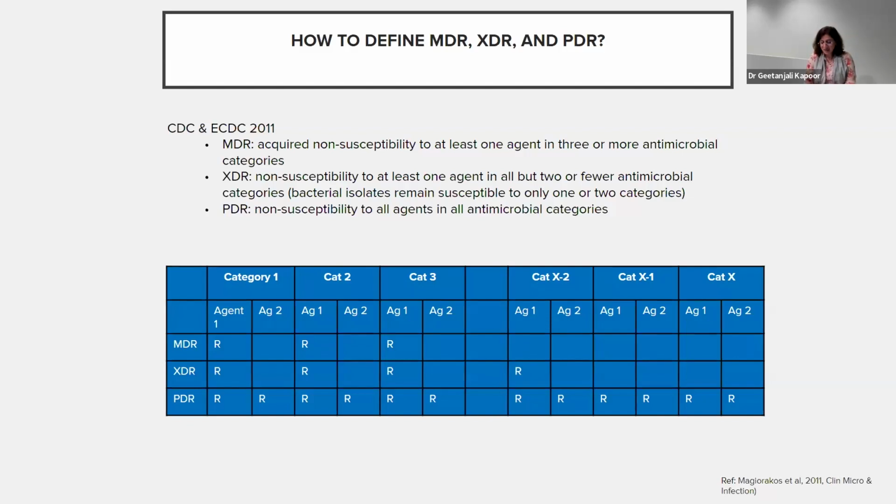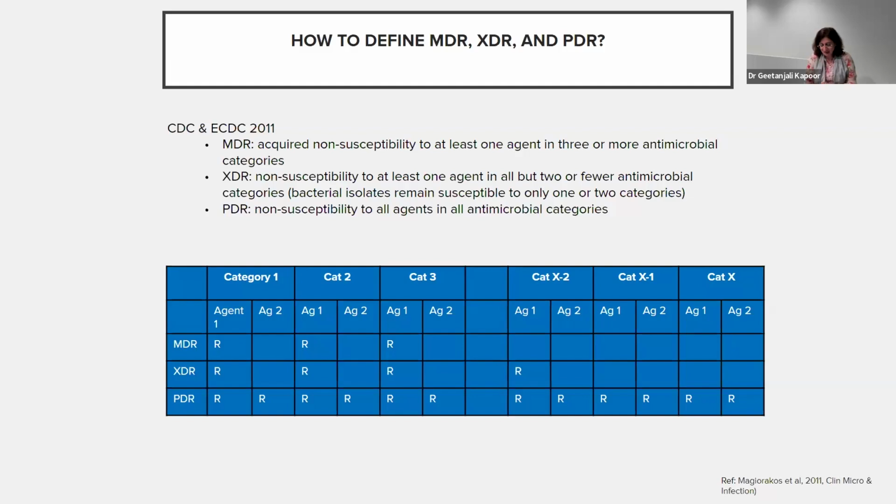That is MDR. Now, XDR is on the other side of the spectrum. What happens here? It's resistant to at least one agent in all but 2 or fewer antimicrobial categories.